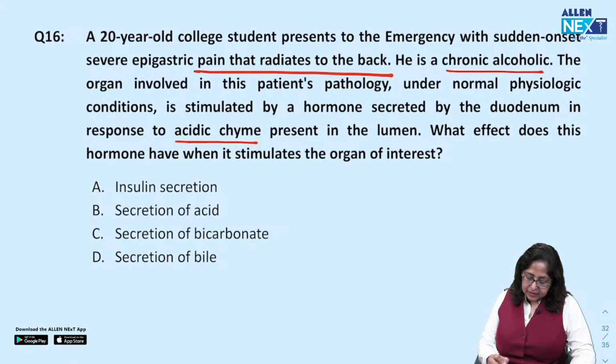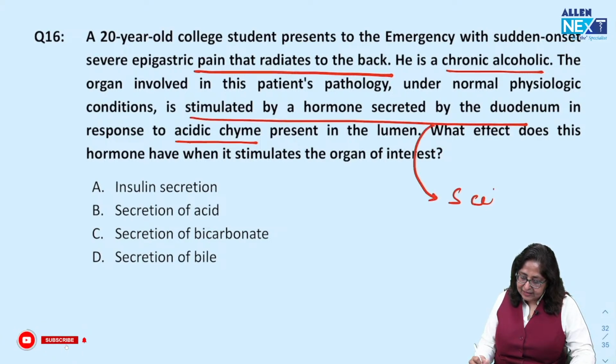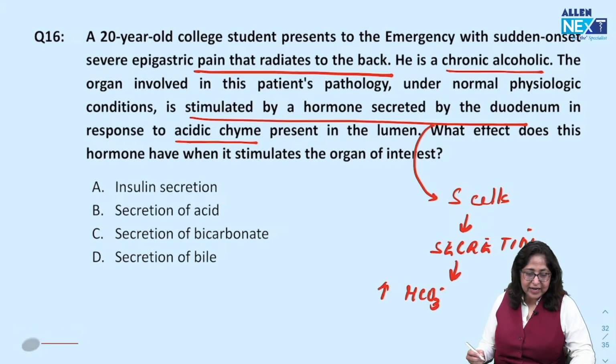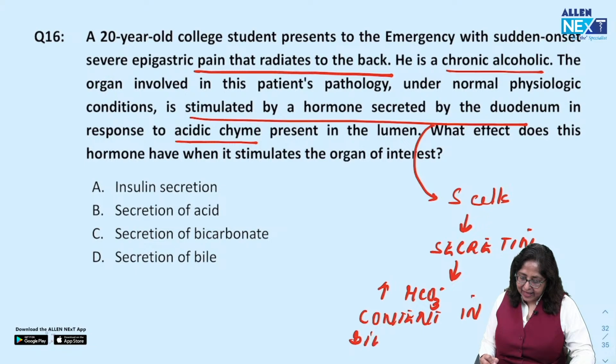Secretin is a hormone secreted by the duodenum. So S cells in the duodenum secrete what is known as secretin. Secretin will increase the bicarbonate content in bile and pancreatic juice.